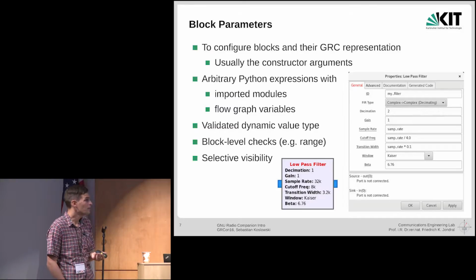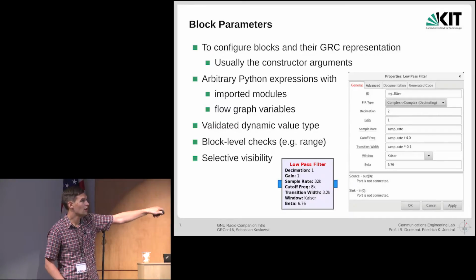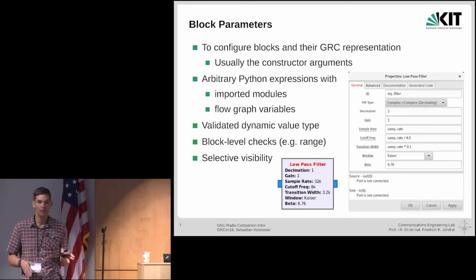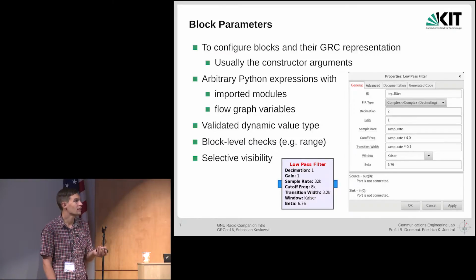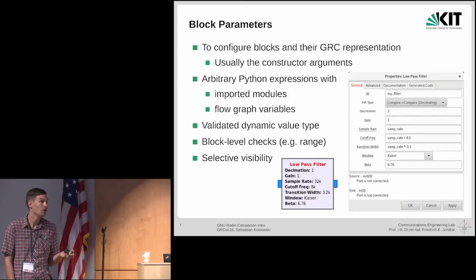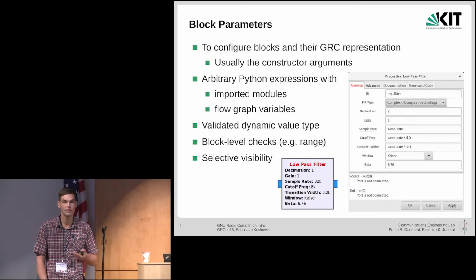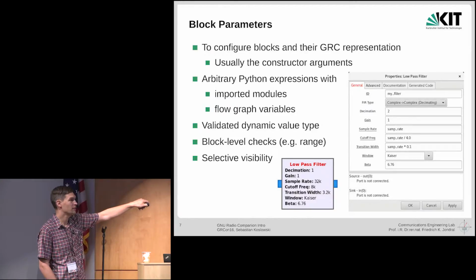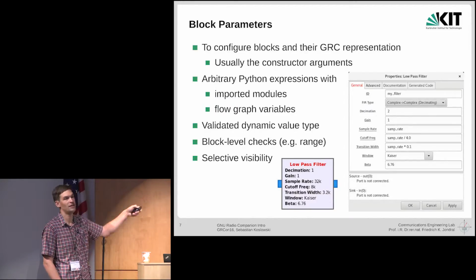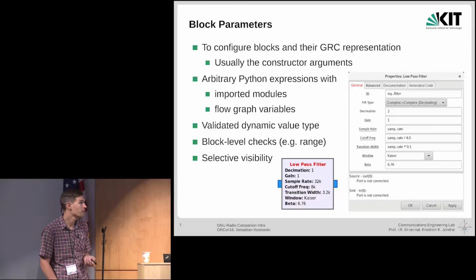Those are all possible. These GUI widgets here are not only raw Python inputs, but you can actually have them type checked. So you declare a parameter not as raw, but maybe it's a complex. So GRC will complain during the validation stage if you enter for the decimation, say, a negative number.